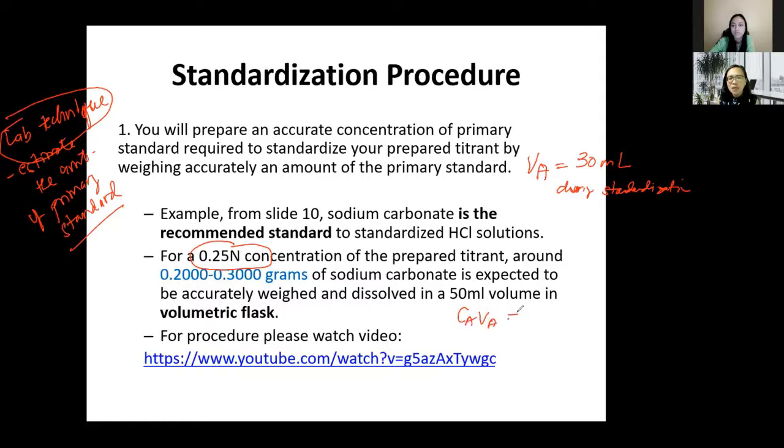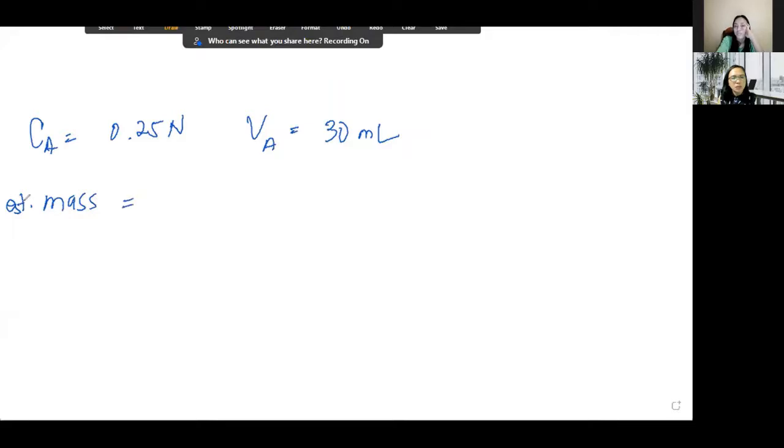Okay, CABA is equal to mass of your base over your molecular weight of the base per replaceable hydroxide. Concentration ng ating titrant is equal to 0.25 normal. Ang volume natin na gusto nating magamit is only 30 ml. So, from our formula, our estimated mass is equal to CABA times molecular weight per replaceable.